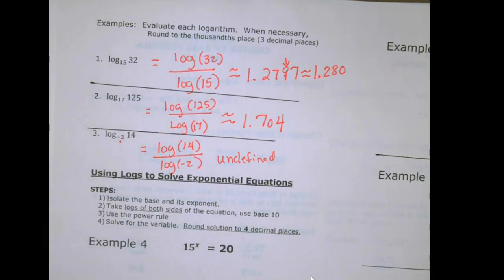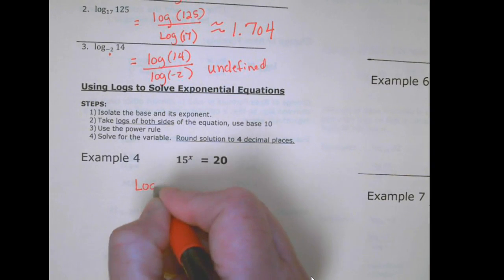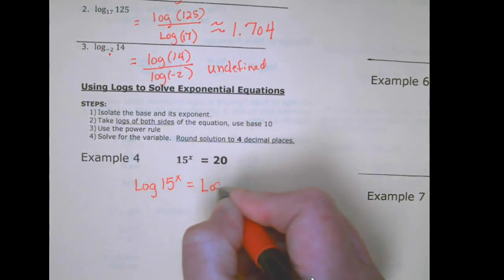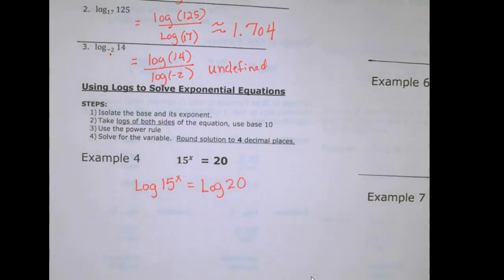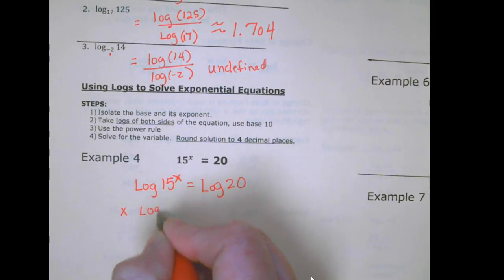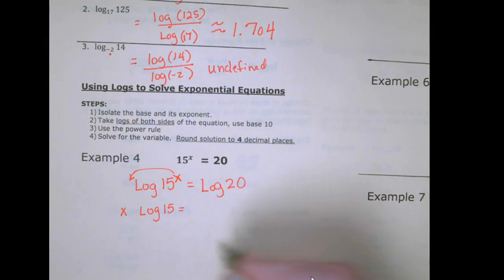To use this to solve problems, I will take the log of both sides of my equation. I will use the power rule to bring the x out in front.